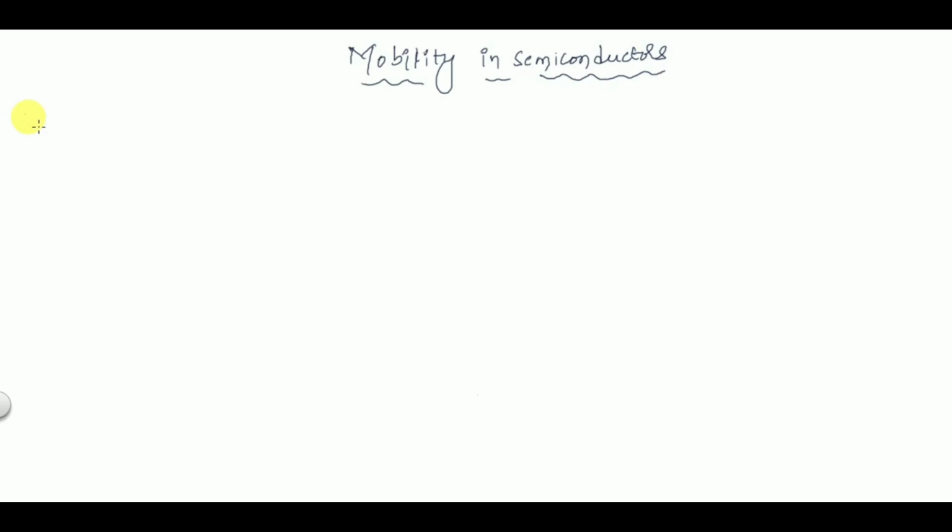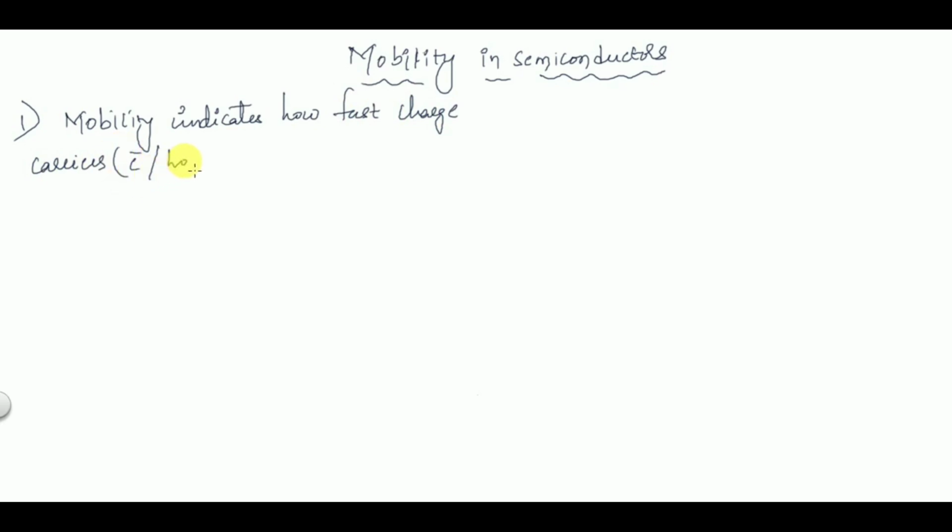Right, so first point which you have to remember is what is mobility. Mobility indicates how fast charge carriers, I am telling you the charge carriers, which means both electrons and holes, are moving inside a semiconductor from one place to another place.